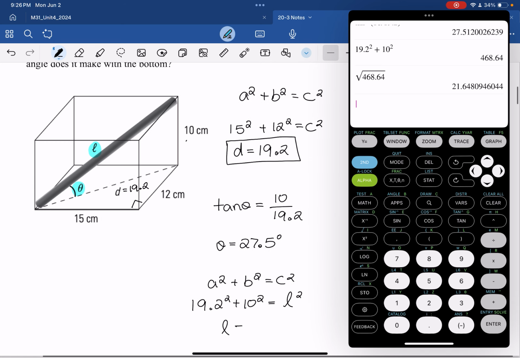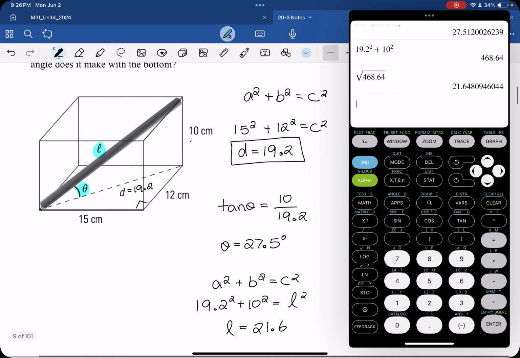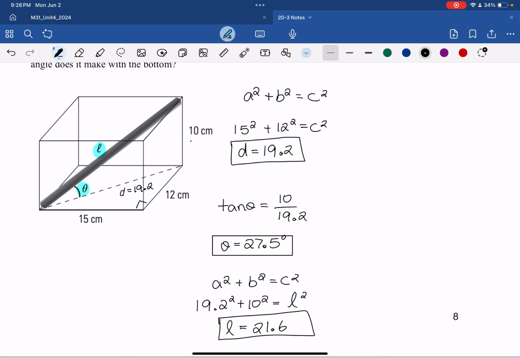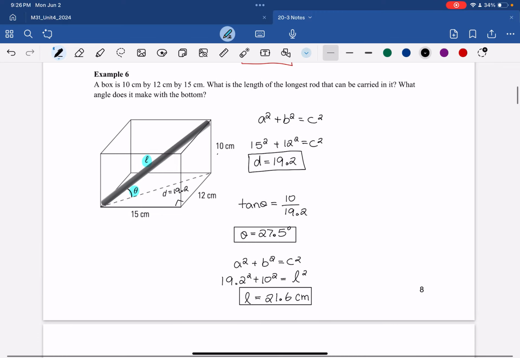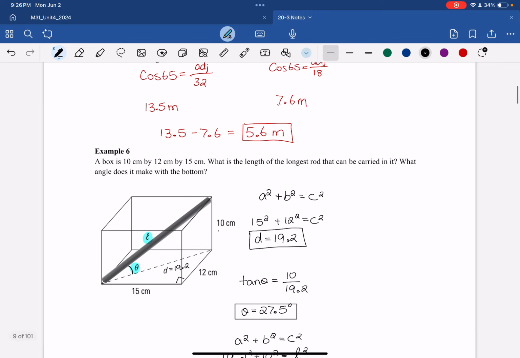So I'm going to get L being 21.6. So now I have figured out theta, and I've figured out the maximum length of the rod that can fit in there. And pay attention, because this is in centimeters.